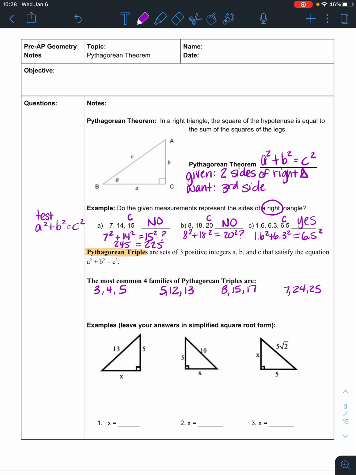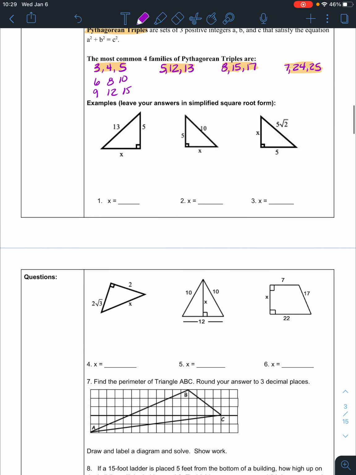So you could have a 6, 8, 10 because everything's been multiplied by 2, or a 9, 12, 15 because the 3, 4, 5 has been multiplied by 3. So you can have all of those in ratio with each other also. That's what it means by families. So your basic ones, though, are 3, 4, 5, 5, 12, 13, 8, 15, 17, and 7, 24, 25. It is worth your time to commit those to memory.